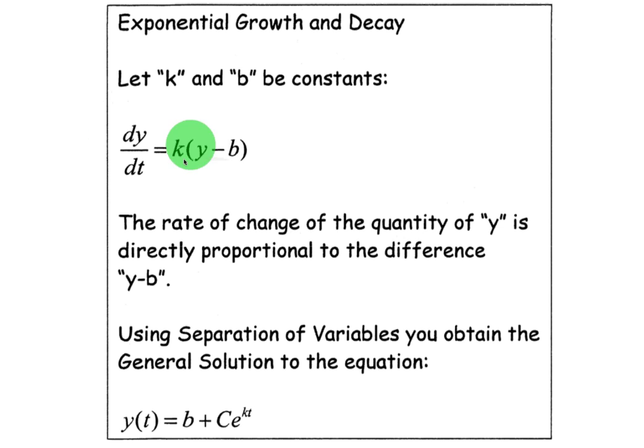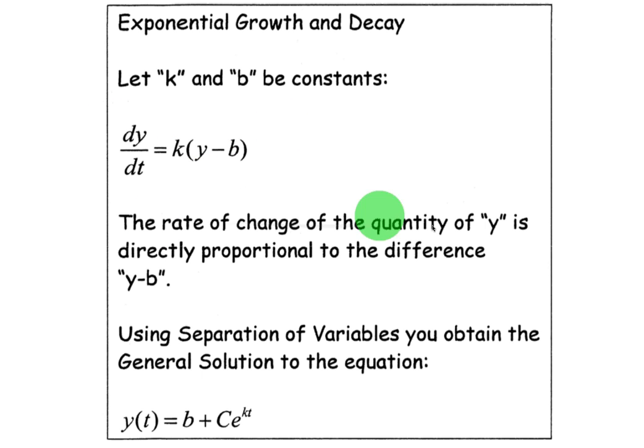The way to read this equation is the rate of change of the quantity y, so this part right here, is directly proportional to, so you have k being your multiplication factor, it's directly proportional to the difference y minus b. So the difference y minus b is right here. Directly proportional means you put a k in front of it.